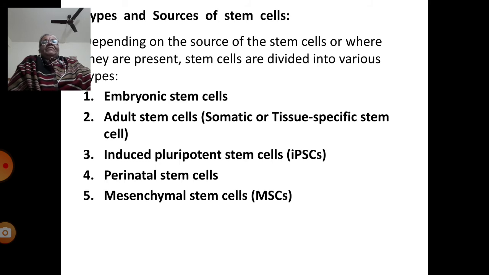One is embryonic stem cells, another one is adult stem cells, which are localized like somatic or tissue specific stem cells, and then induced pluripotent stem cells, iPSCs, then perinatal stem cells, then MSCs, mesenchymal stem cells. These are the 5 different types of stem cells, each one of which we are learning in detail now.